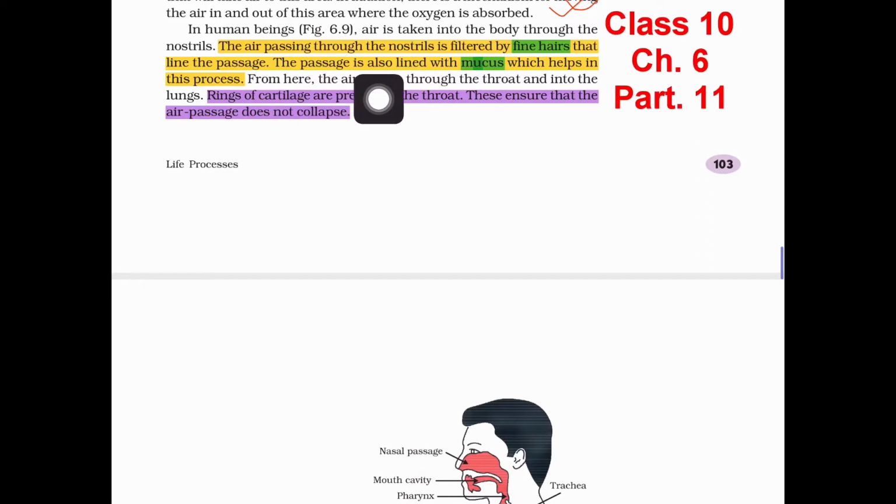The passage is also lined with mucus, which helps in this process. So two important things are present in the nostrils: one is fine hairs, another is mucous materials. These two are helpful for filtering the air passing through the nose.